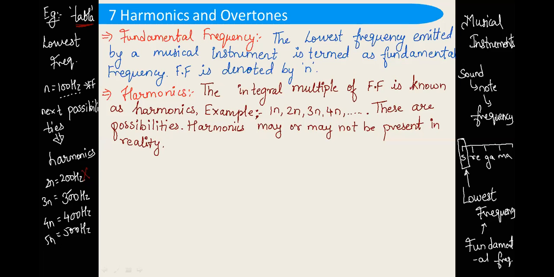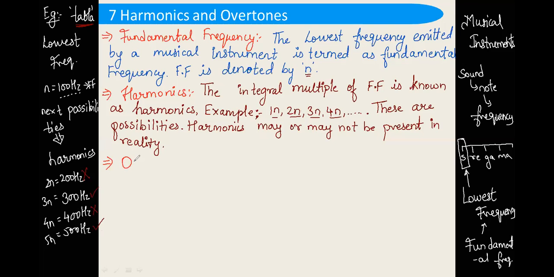That means the tabla is not able to emit a sound of 200 hertz, but it is able to emit a sound of 300 hertz. It is not able to emit 400 hertz, but it is able to emit 500 hertz. Harmonics are nothing but possibilities. If the fundamental frequency is known to us, then the next possibilities are 1, 2, 3, 4, and so on.